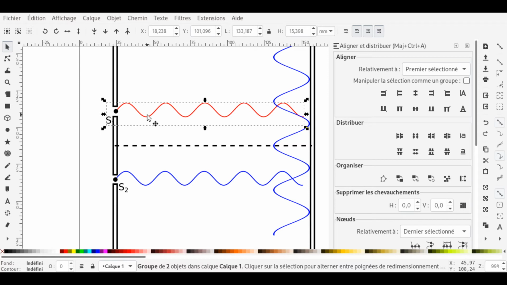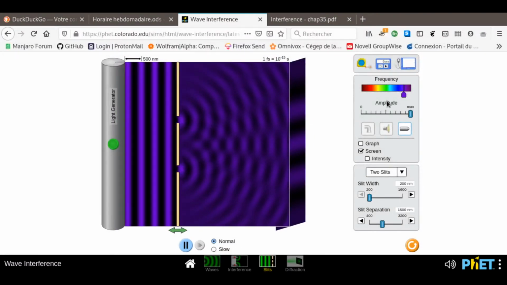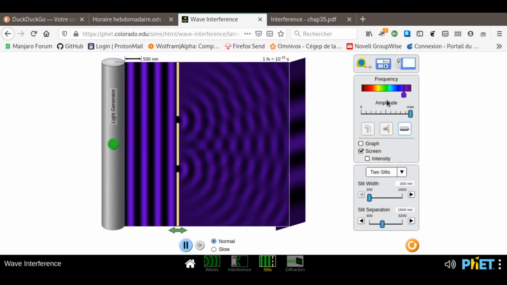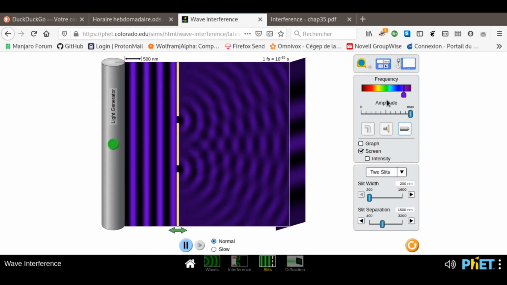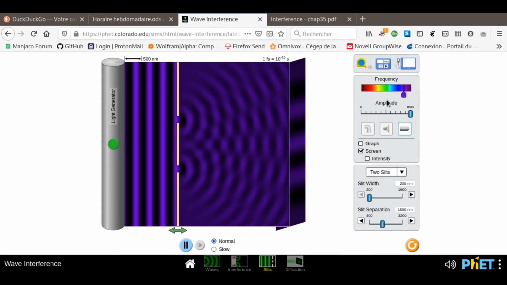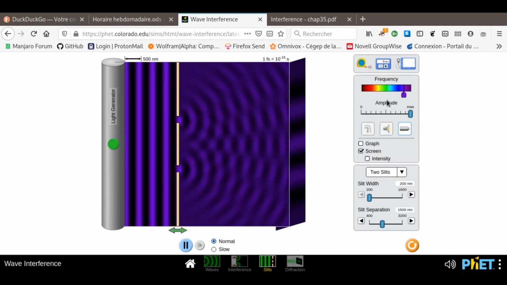So whenever we see a bright spot on the screen, this means that the wave, as you saw here in the simulation, went with circular wave fronts. So it emitted light in every direction around it.